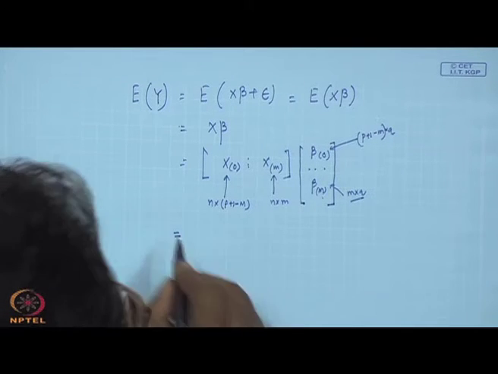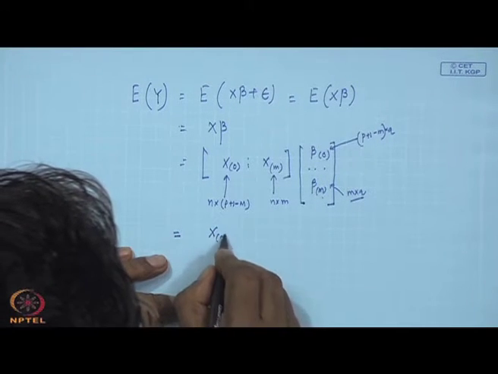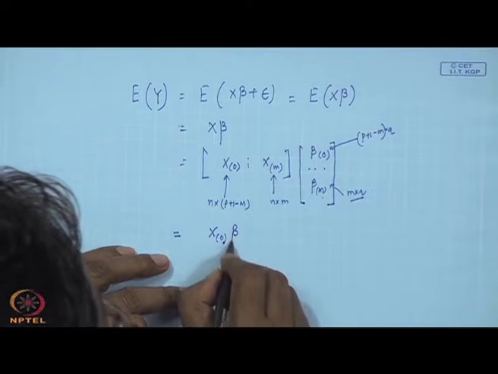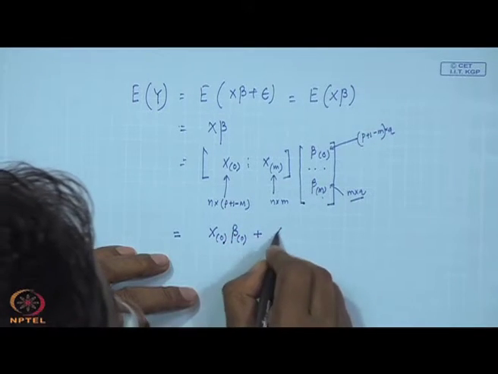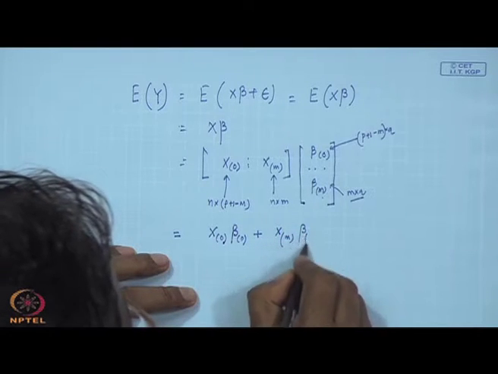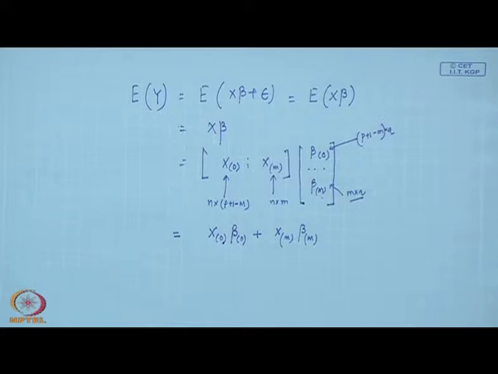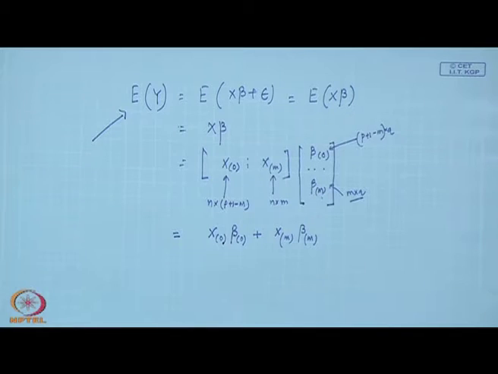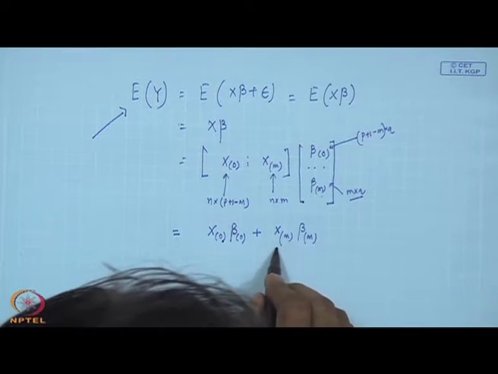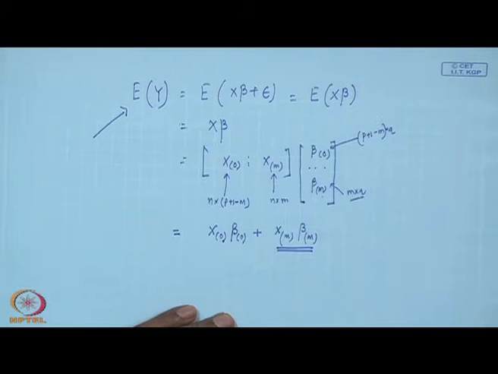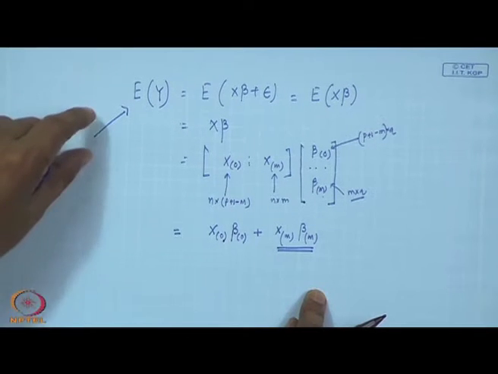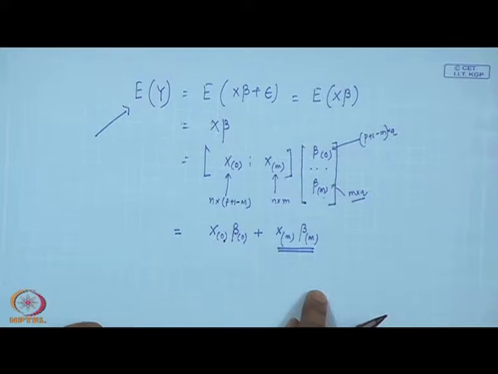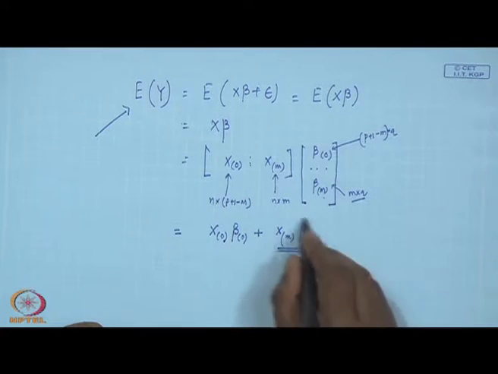Okay. So, you can write it like this: x 0 beta 0 plus x m beta m. We are not considering the error term because we have taken the expected value of this. If m variables are not contributing towards explaining the y variability, then ultimately beta m will be 0.